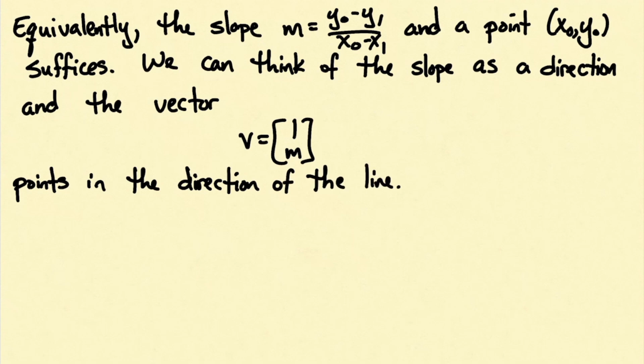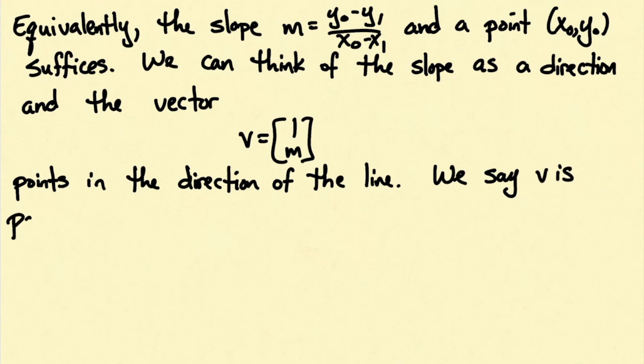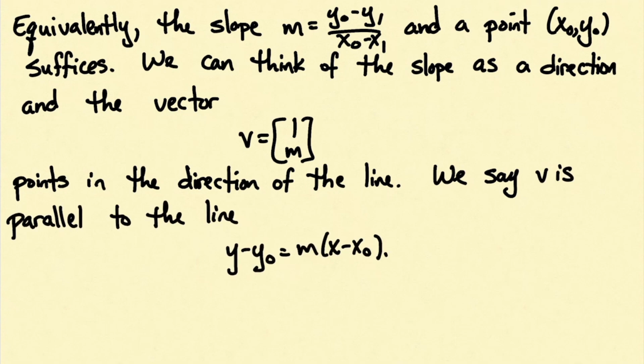Now, it's important to note that this vector v does point in the direction, but might not necessarily point along the line. Namely, this vector v we're thinking of as originating from the point (0, 0) and pointing to the point (1, m). So at best, it's actually only parallel to our line. So we say that this vector is parallel to the line y minus y0 is equal to m times x minus x0.